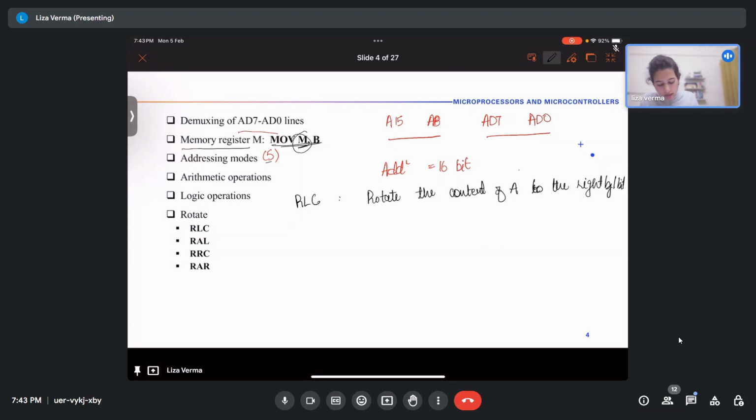Let's say we have 8-bit data. This is D0. This is D7. And it is telling the microprocessor to rotate the content of A to the right by 1 bit. So right means this bit will move to this one.